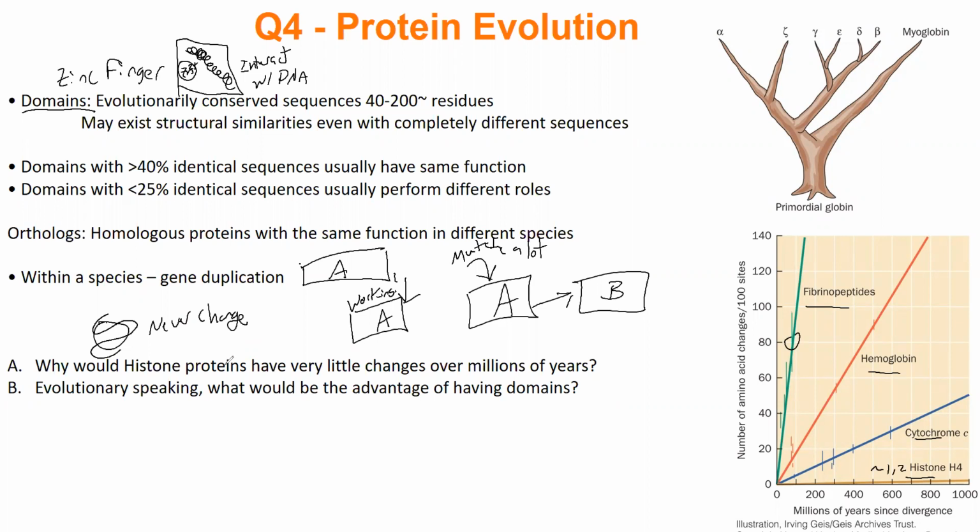So if your whole job is to have a molecule wrap around you, and that molecule doesn't change, then you're not going to change either, right? And it does go with, well, that means every single residue in histone is critical for its function.